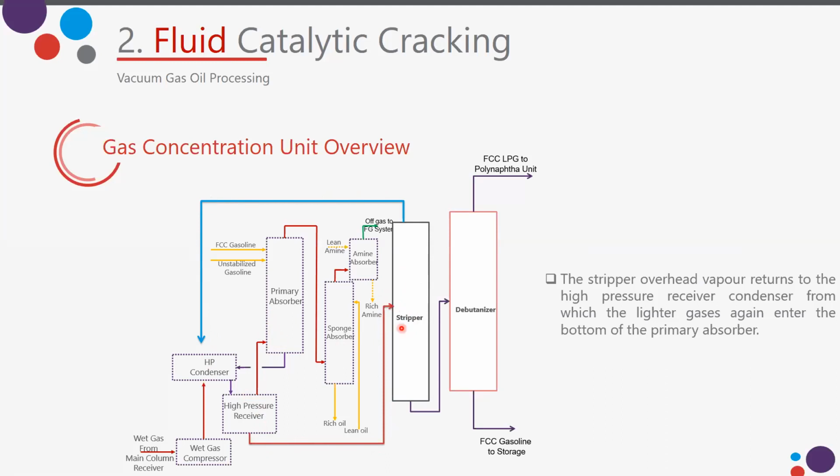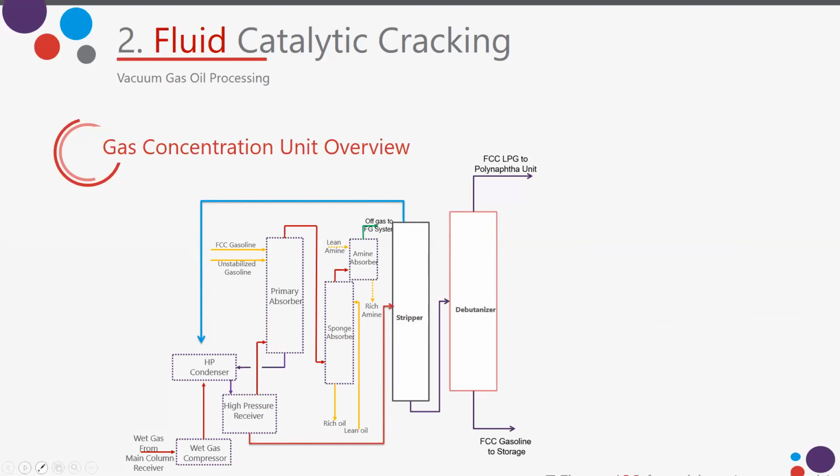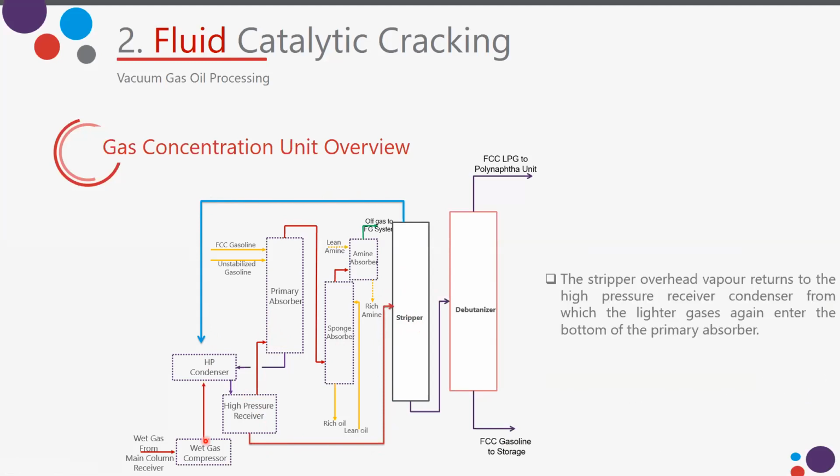But still we have to separate the LPG from our gasoline. The stripper overhead vapor returns to the high pressure receiver condenser, from which the lighter gases again enter the bottom of the primary absorber.